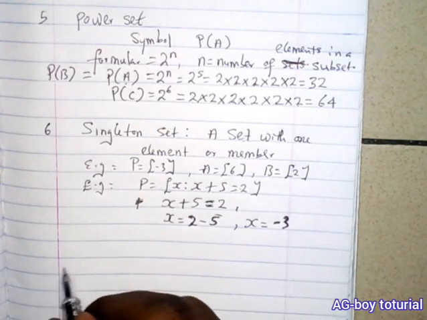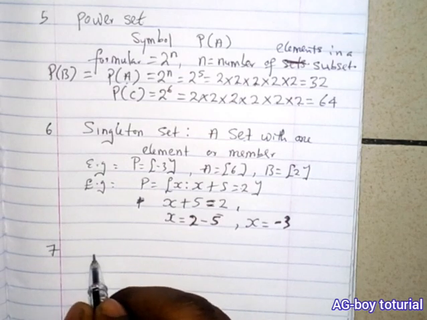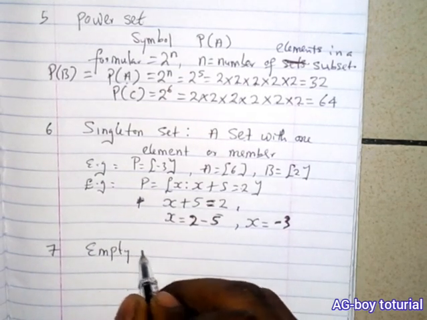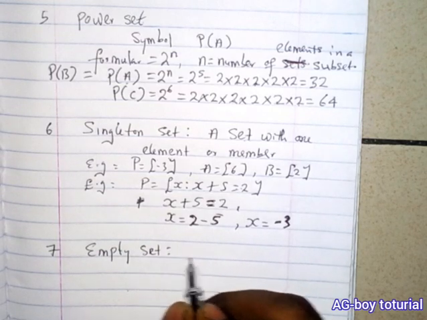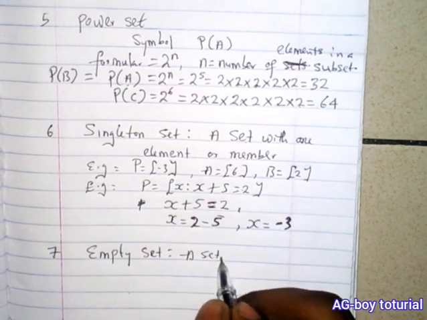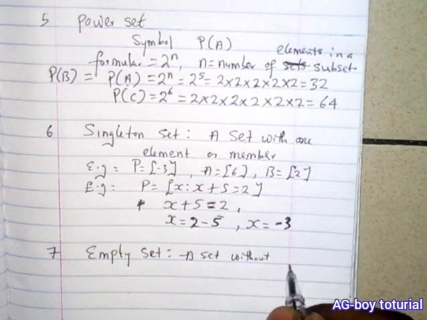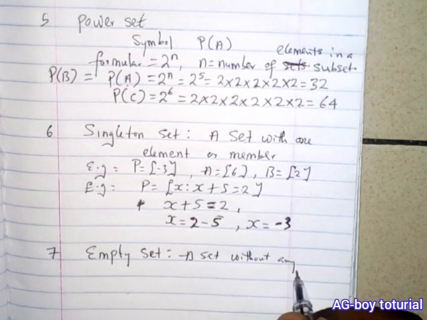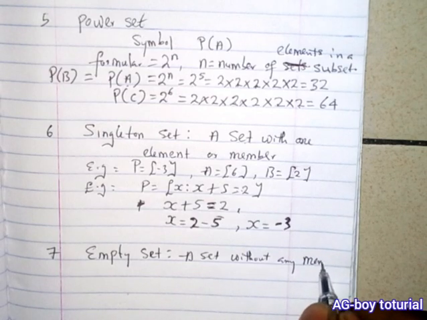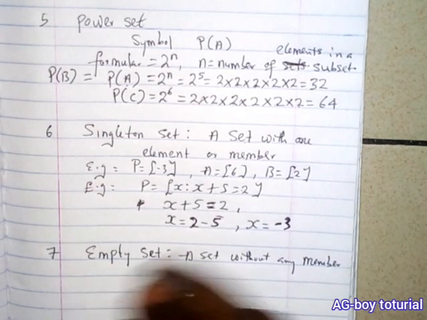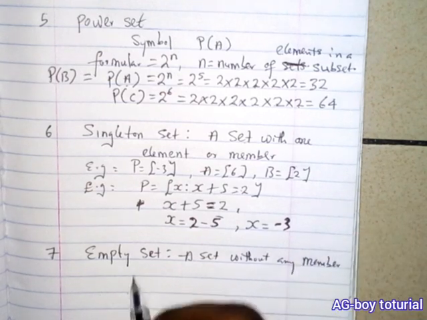Number 7, we have the empty set. A set without any member is called an empty set.